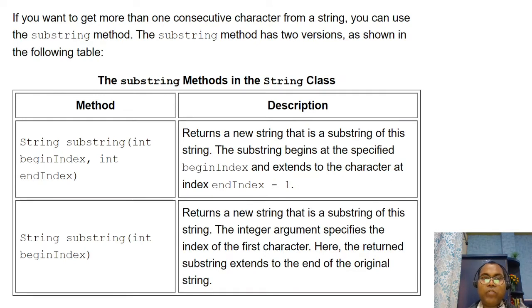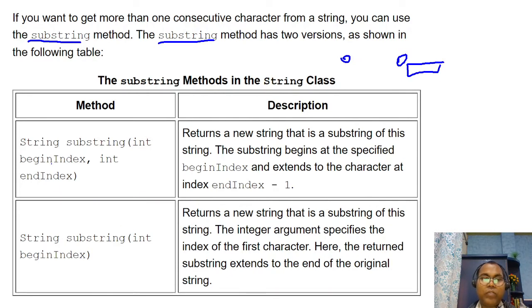Sometimes you want to extract not a single character, but a particular substring, from this position to this position. One of the most frequently used methods for this situation is substring. The substring method is overloaded.